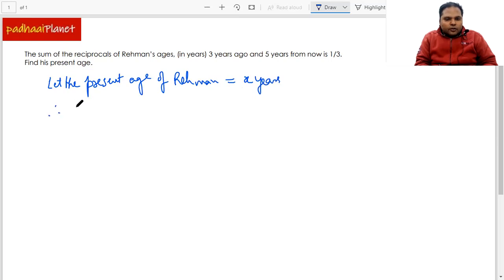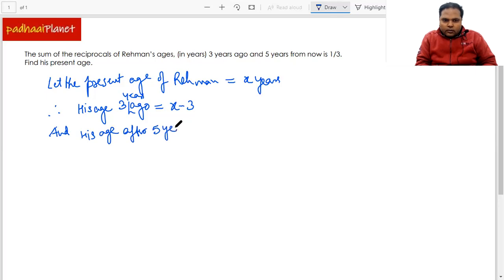So his age 3 years ago will be x minus 3, right? And also his age after 5 years will be x plus 5.